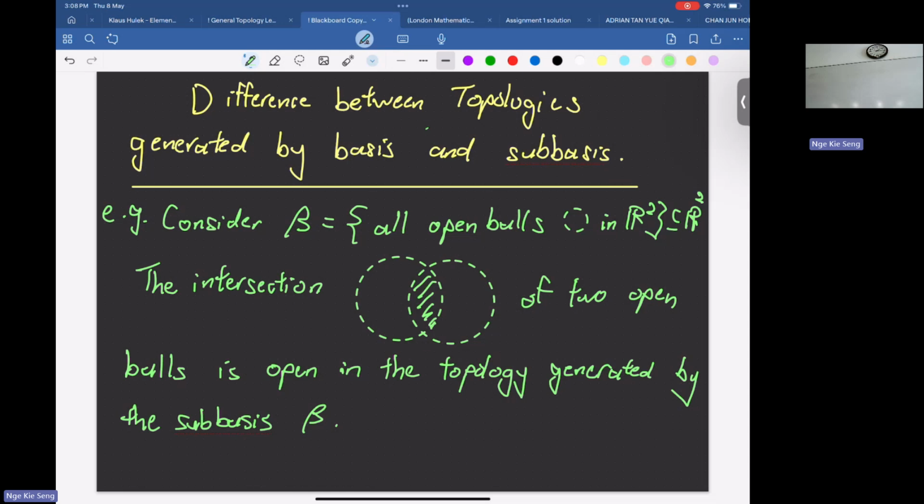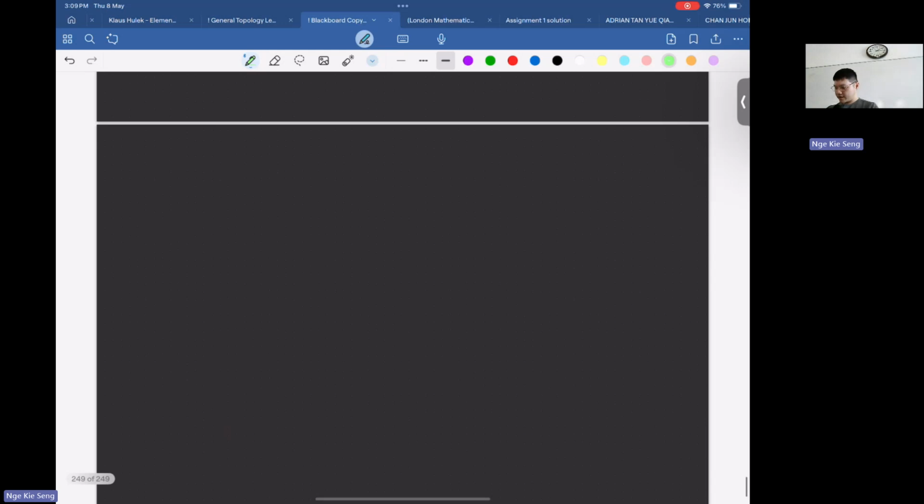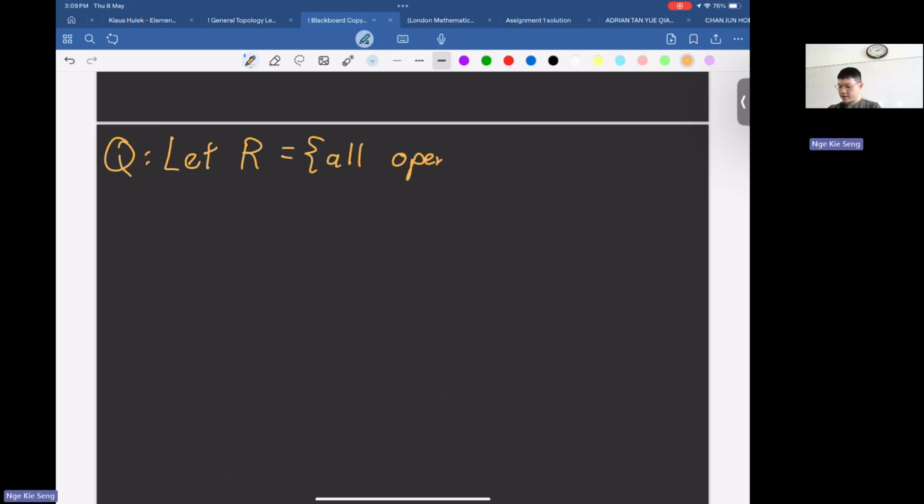If we replace this B with open rectangles, the question here is: let R be all the open rectangles in R2.